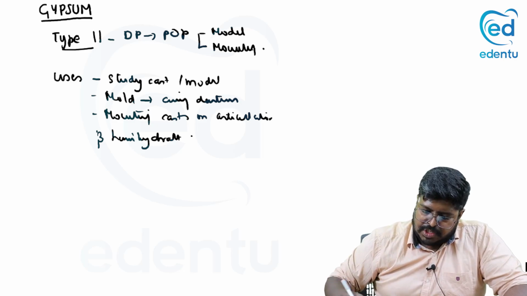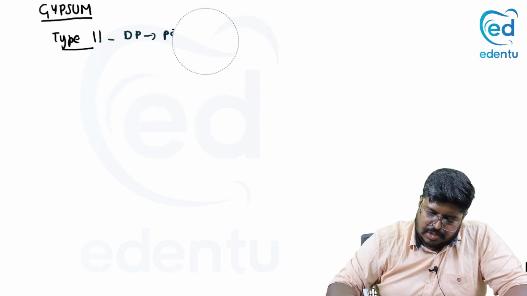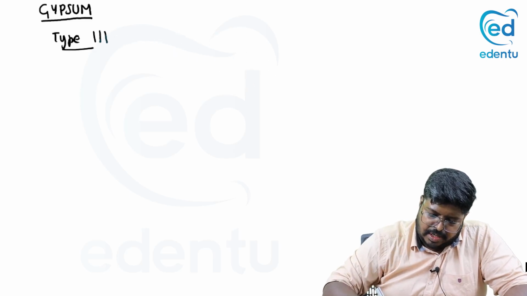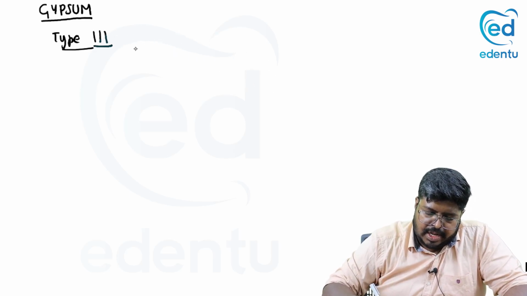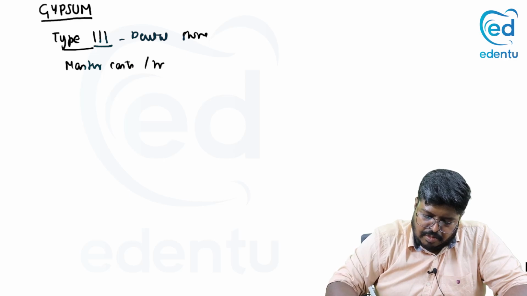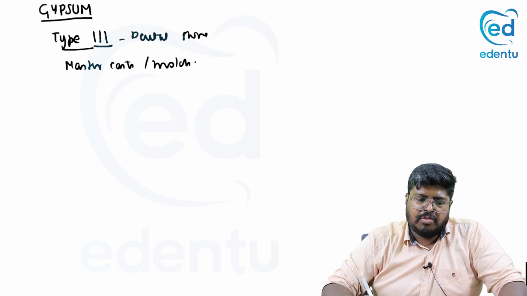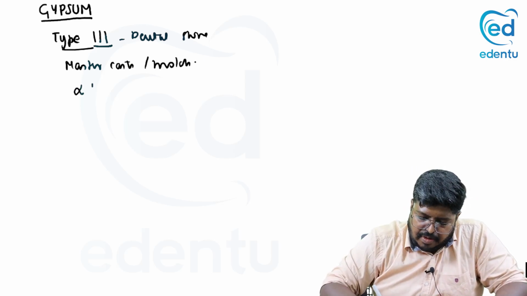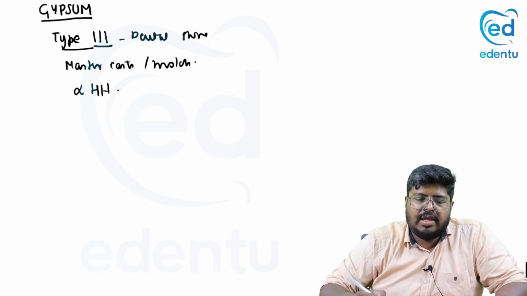Then we come to type 3. Type 3 is basically your dental stone. It is used to make master casts or molds. This is made up of alpha hemihydrate.